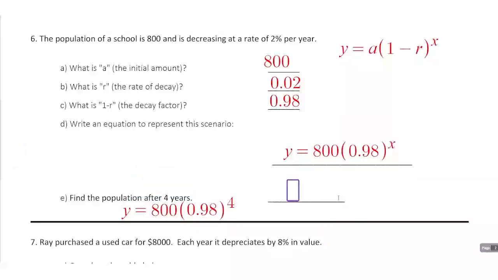And since we're talking about population, we want to round it to the nearest whole number. We do not want to talk about, like, 2/10 of a person or something like that. No, there's not going to be any decimals in our answer. We are going to round. So 800 times 0.98 to the power of 4 gives me approximately 738 people.